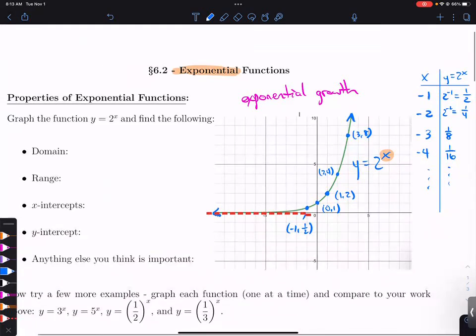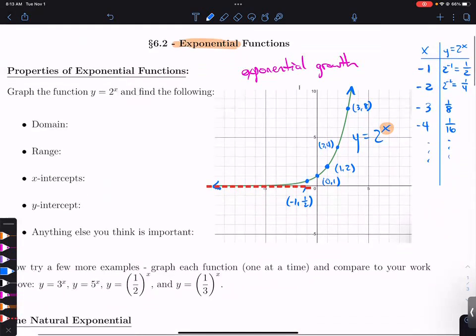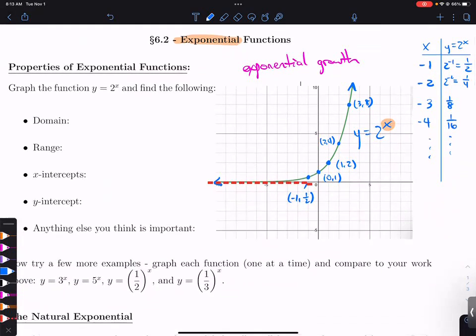Okay, so what about the domain and range and stuff for this? 0 to infinity, because it's in the upper half. And what should we do with 0? Include or not? Does it ever actually get there? No, because it's always just above, right?